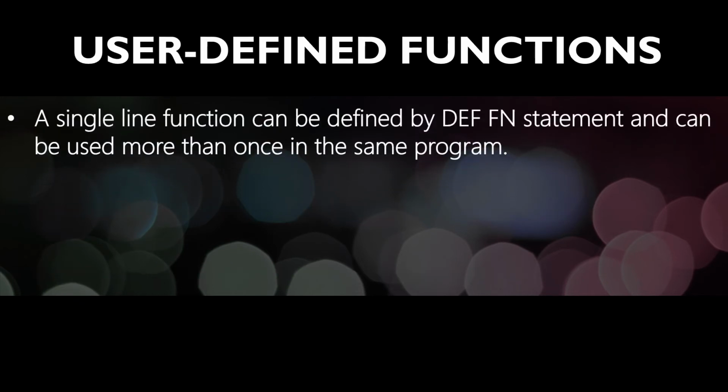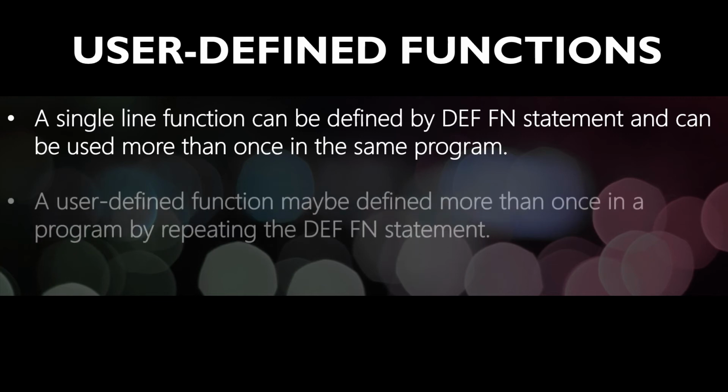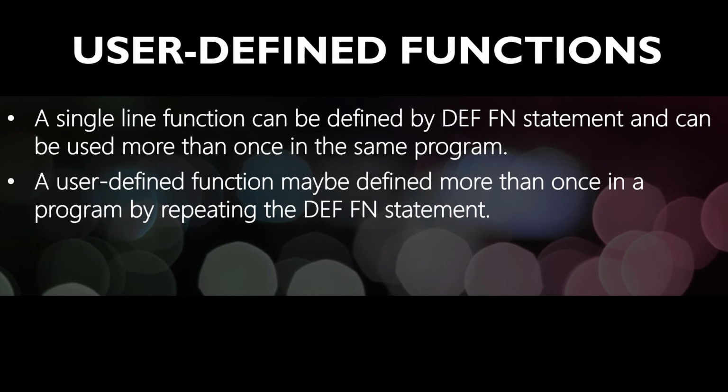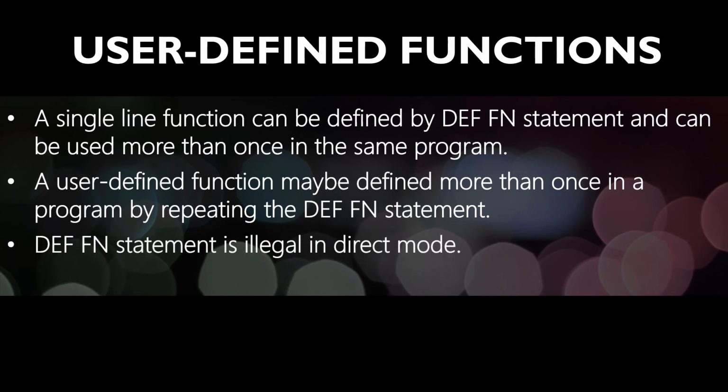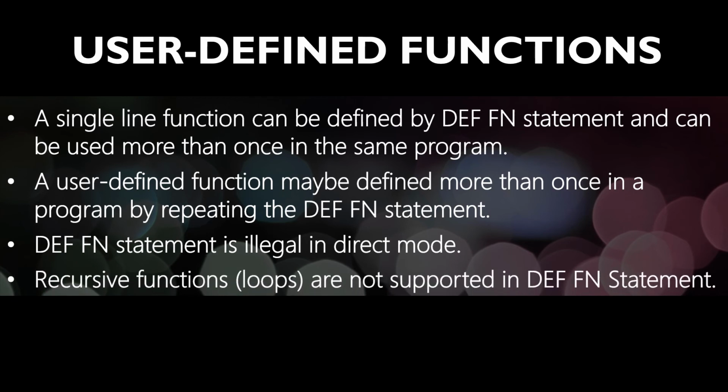A single line function can be defined by the DEF FN statement and can be used more than once in the same program. A user-defined function may be defined more than once in a program by repeating the DEF FN statement. DEF FN statement is illegal in direct mode. Recursive functions and loops are not supported in the DEF FN statement.